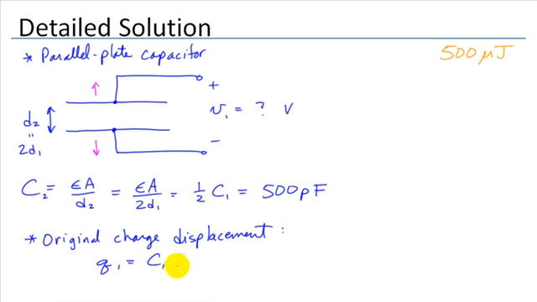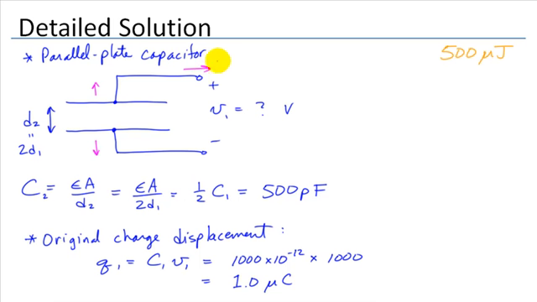Next, we need to find the original charge displacement. We write the original charge displacement as Q1 equals the original capacitance times the original voltage. Working through all those values, we find that the original charge displacement is 1 microcoulomb.